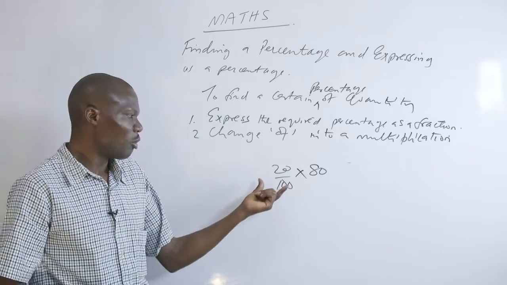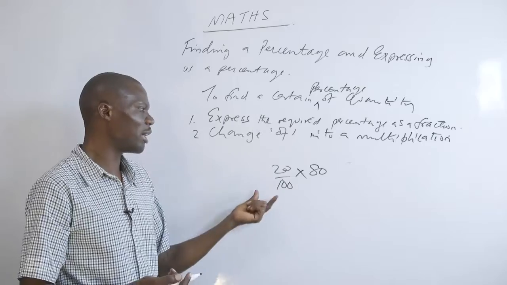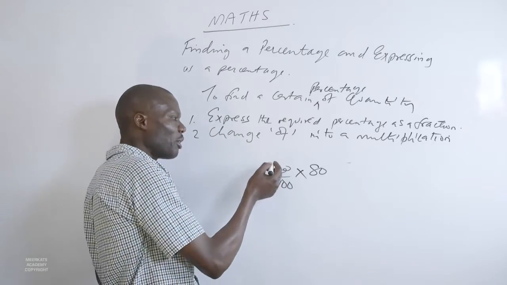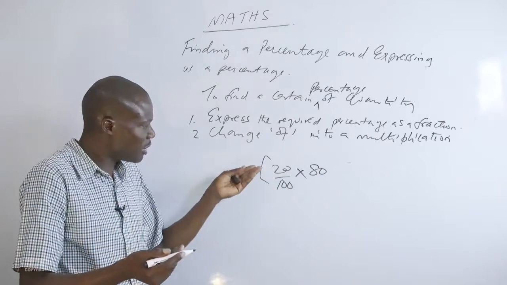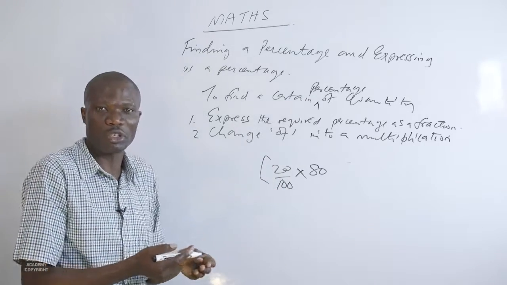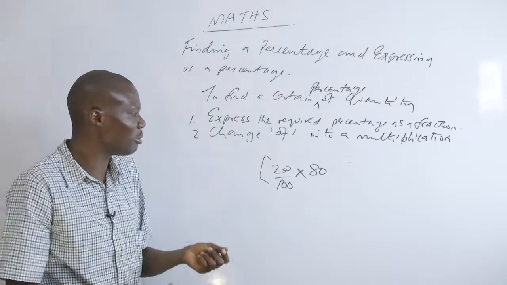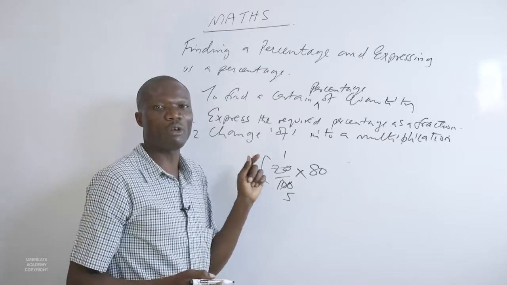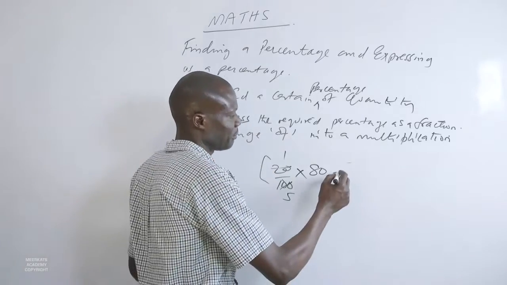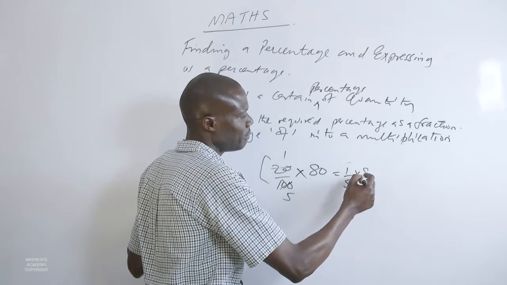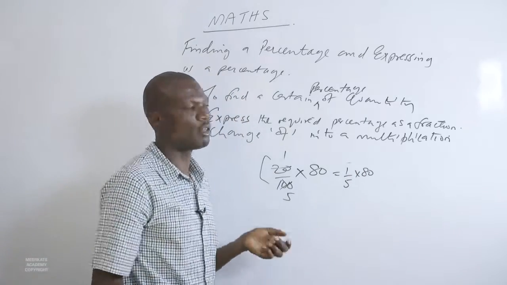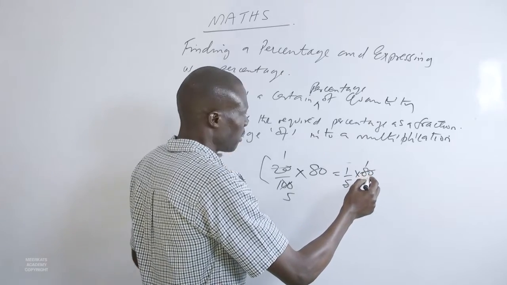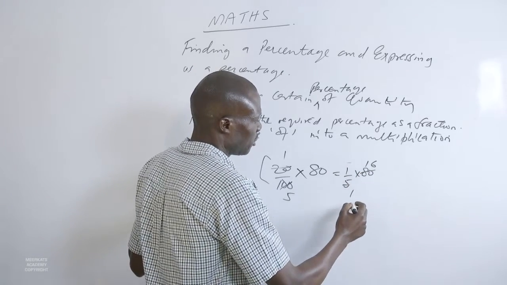So here, we simplify this. We further multiply by simplifying. You notice that on the fraction part, the percentage you have expressed as a fraction, can you write it in its simplest form? By 20 is 1, by 20 is 5. So this is the same as 1 over 5 multiplied by 80. You can simplify by 5, 1 by 5 here will give us 16.